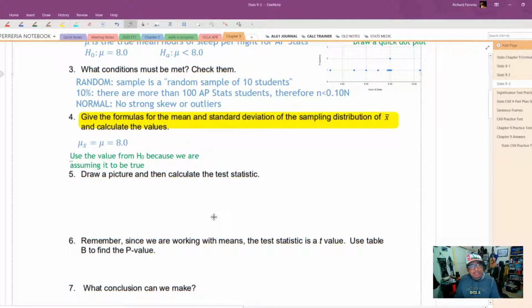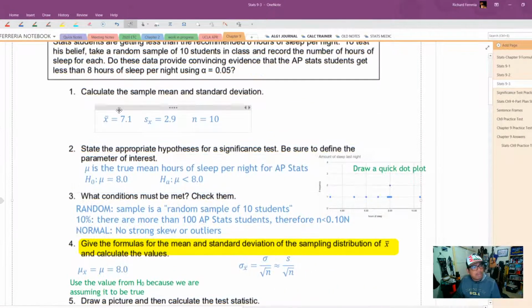Now for sigma x bar, we're going to take a slightly different approach. We know that sigma x bar is exactly equal to sigma over root n. But the problem is we don't have a value for sigma, so we have to approximate this. We're going to approximate this with s over square root n, which reminds me that I put the wrong notation here.